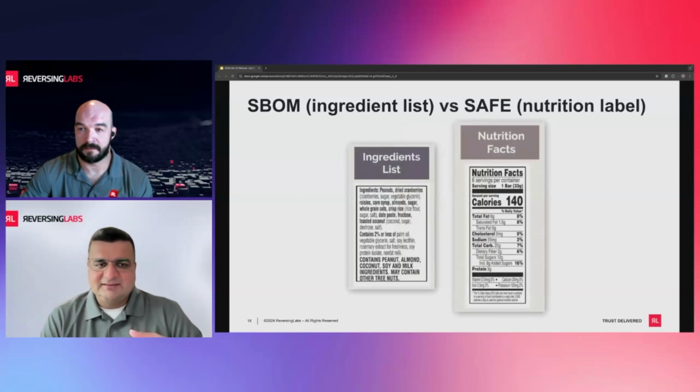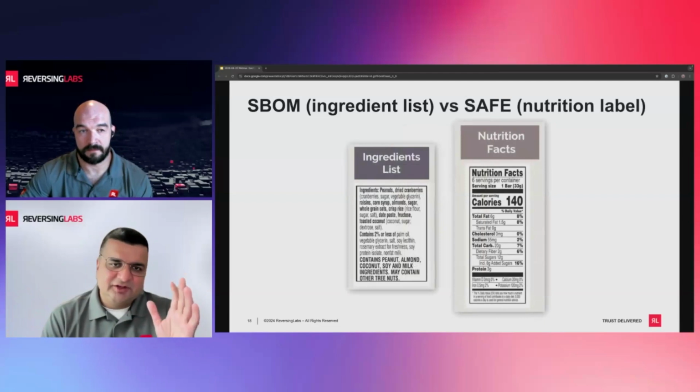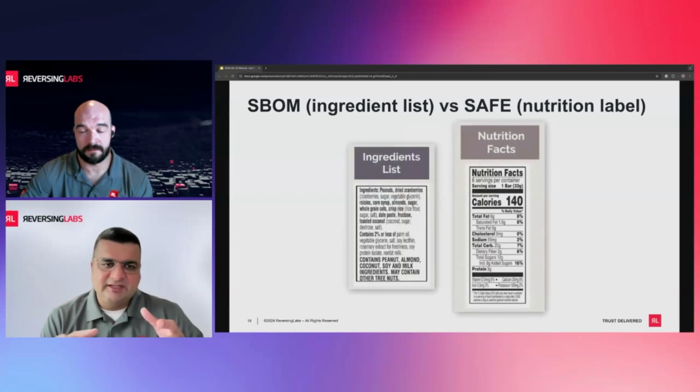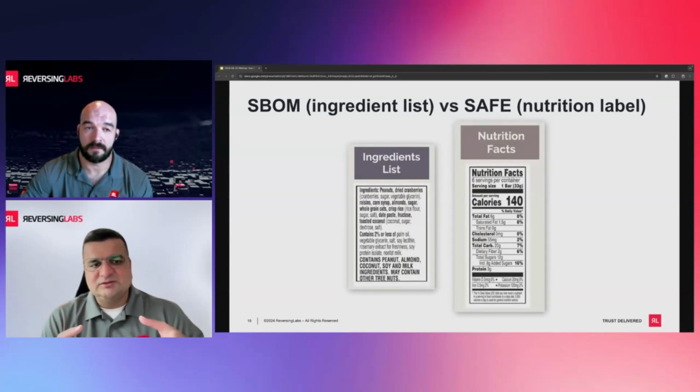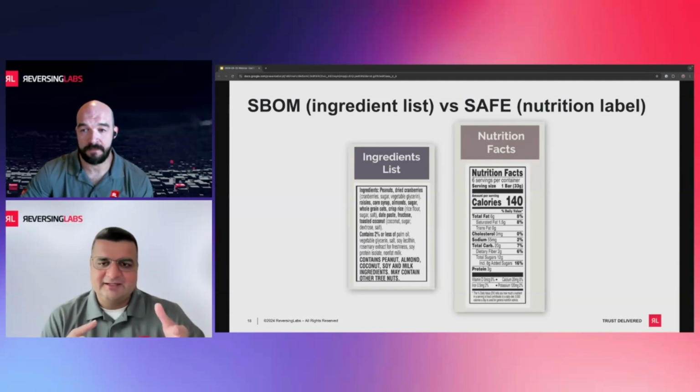This label not only lists all the ingredients, similar to your SBOM, but also provides essential information on nutritional content: how many calories, fats, sugar, protein, and much more. Additionally, it includes safety checks. Was the milk fresh? Was it free from contamination? Is the chocolate free from harmful chemicals? Is the milk within its expiry date? Everything I need to make sure of before buying the product so that it's safe for me and my family.